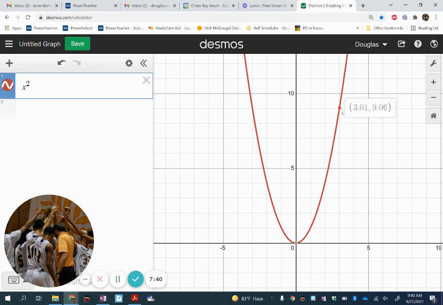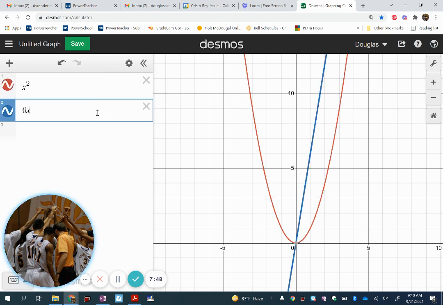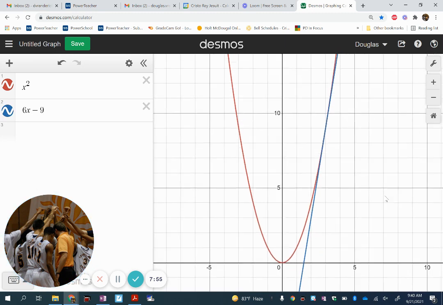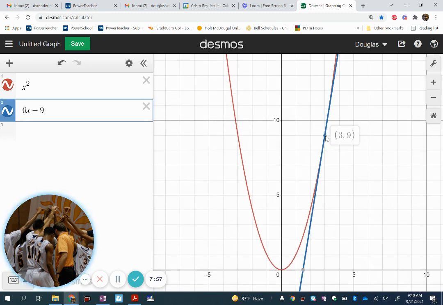There it is, 3, 9. And the line that we found was 6x minus 9. Let me confirm. Yes. So if you look at that point there, 3, 9, that line in blue is the tangent line to this curve x squared at the point x equals 3. So that's the whole process using that first equation.